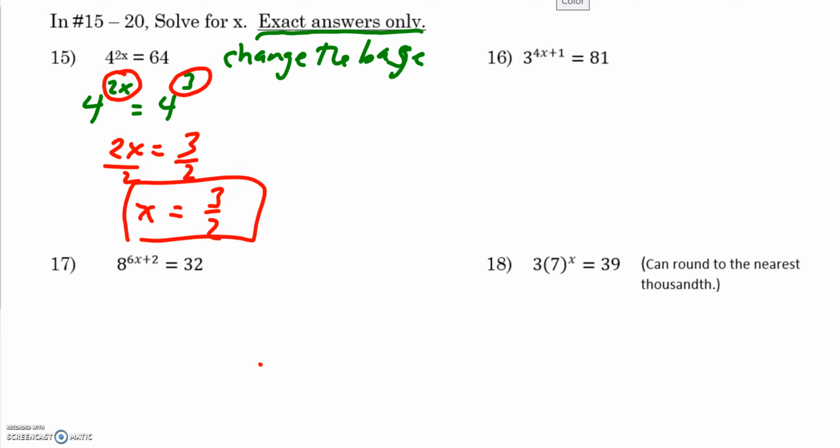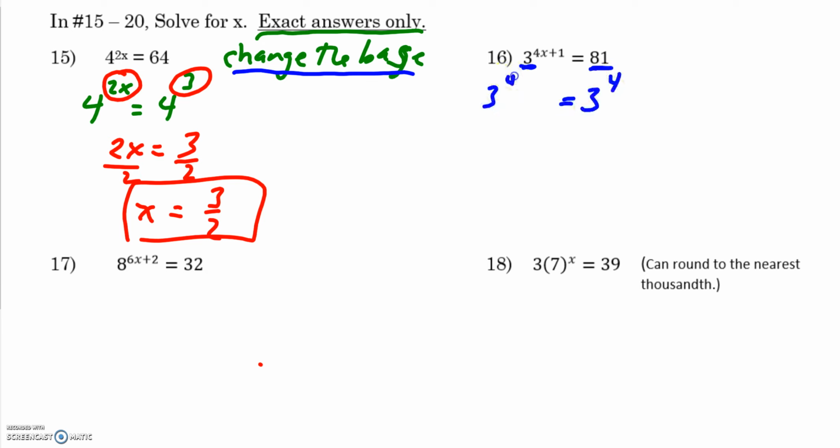Number 16 is similar in logic. And yes, because you do have an exponent, you could apply logs to both sides, but again, it is good to check to see if you can change the base first. So I look at the base of 3 and ask myself, can 81 be written as 3 to the something? Yes, it can. This can be written as 3 to the 4th.